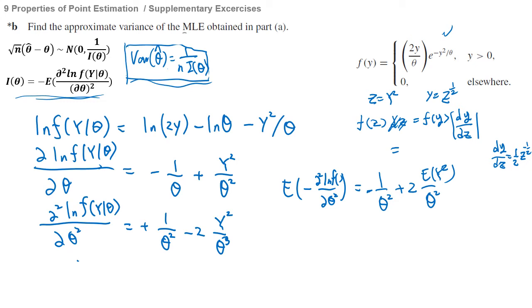In f_Y, y is z to the 1 over 2, so f_Z(z) becomes 2z to the 1 over 2 over theta times e to the minus z over theta, times 1 over 2 z to the minus 1 over 2.